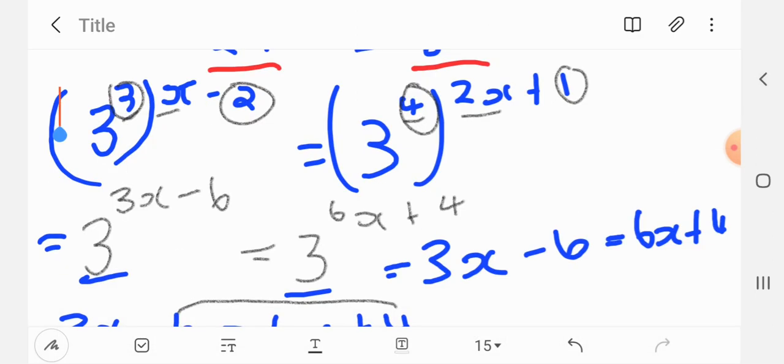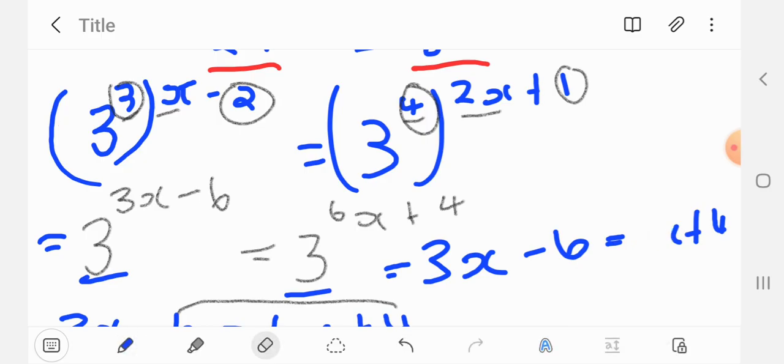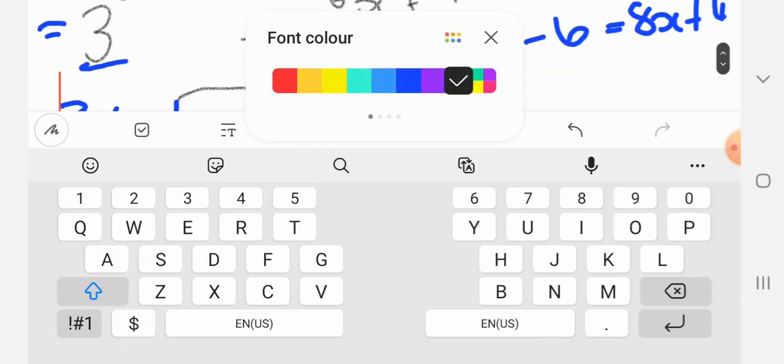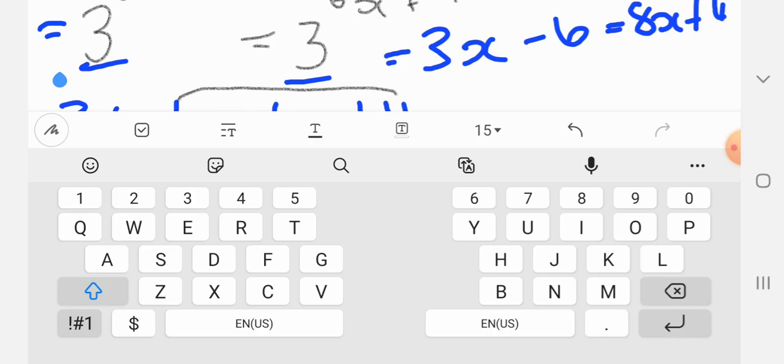Four times 2 is 8, not 6. Sorry about that. This has to be 8x, and then the 4, it's okay. Yeah, so the 4, it's fine there.